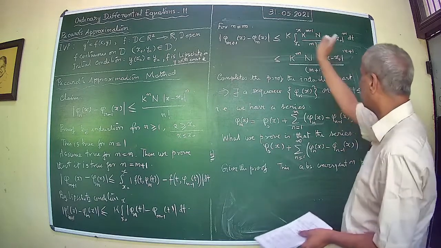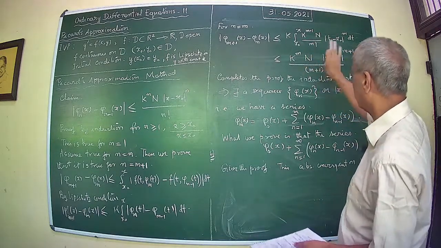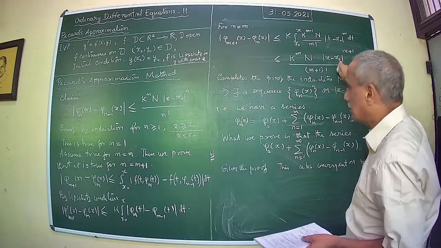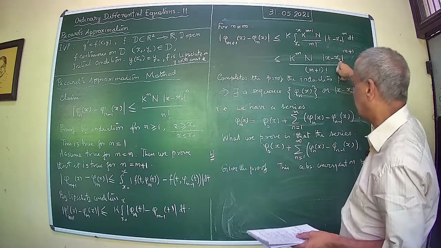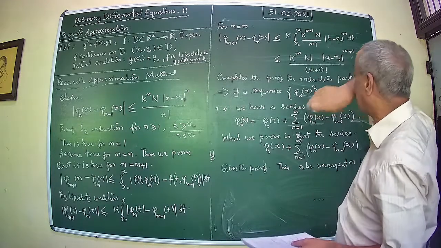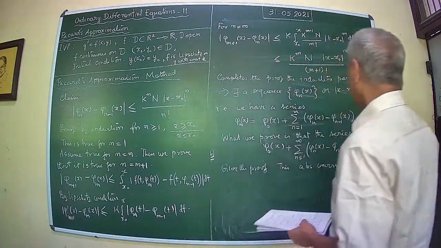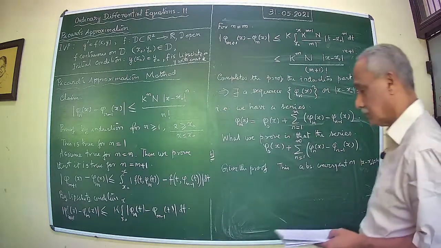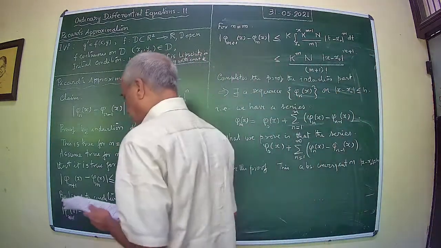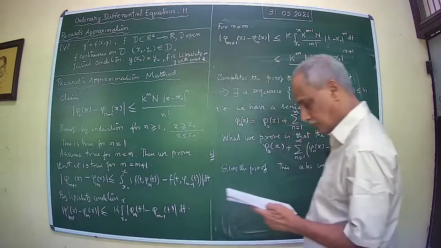That is quite easy to see, because you look at this series and then mod x minus x naught is less than or equal to h. So you can show that this series converges. And that's very easy, because of the m plus 1 factorial sitting in the denominator. Everything works beautifully.